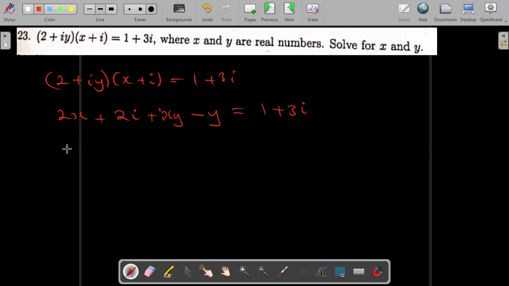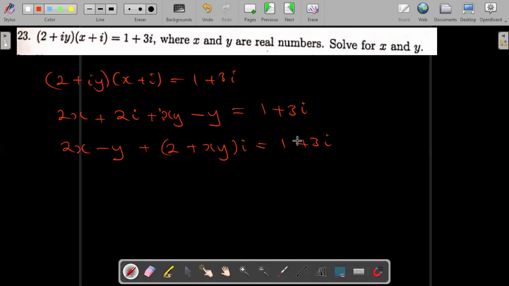So you can say 2x, you bring 2x minus that, then you have the other part, which is plus 2i. So 2i, here I can factor out the i. So if I factor out the i I can have 2, then this here is going to be plus xy. Okay, that will be plus xy, then the i outside, then this is going to be plus 1, 3i, like that.